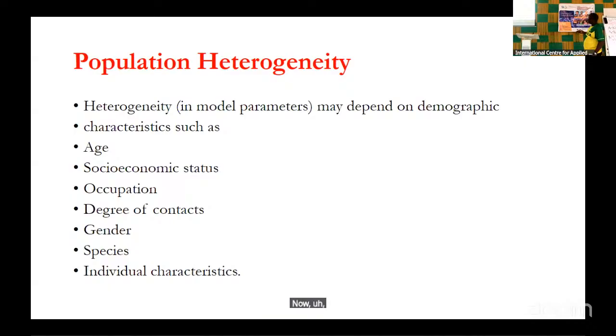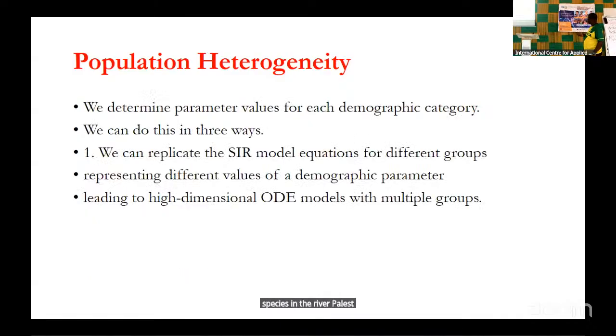Now, heterogeneity in model parameters may depend on demographics such as age, socioeconomic status, whether you are rich or poor, occupation, the kind of job you do, degree of contact, gender, species, individual characteristics.